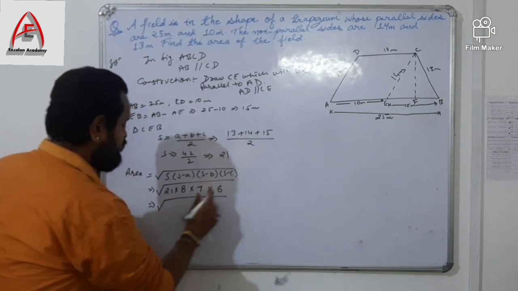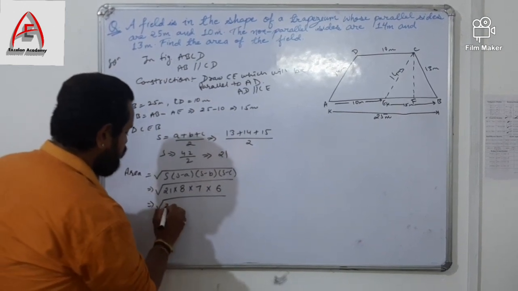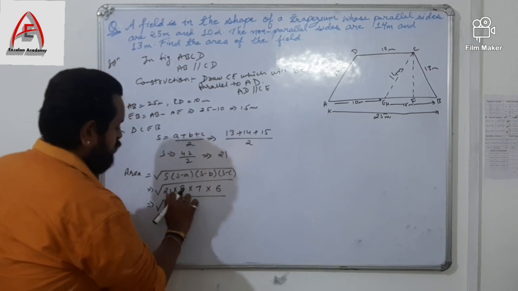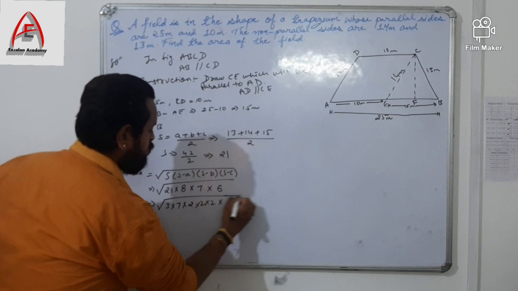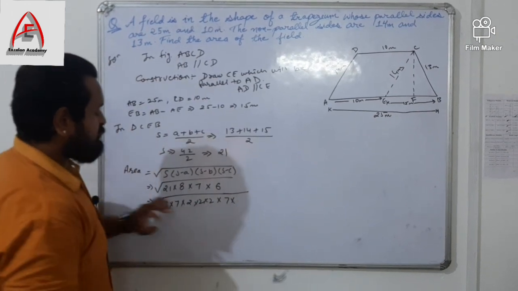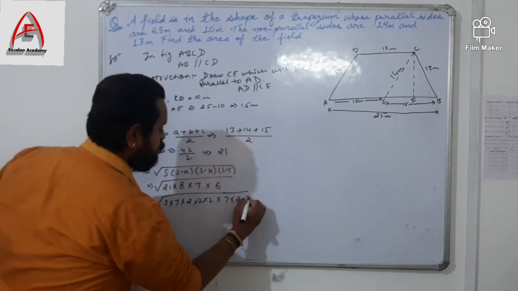Now split all the terms. 21 means 3 into 7, 8 means 2 into 2 into 2, 7 will remain 7, and 6 means 2 into 3.